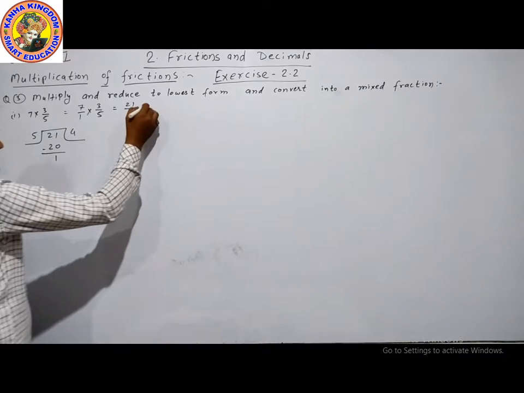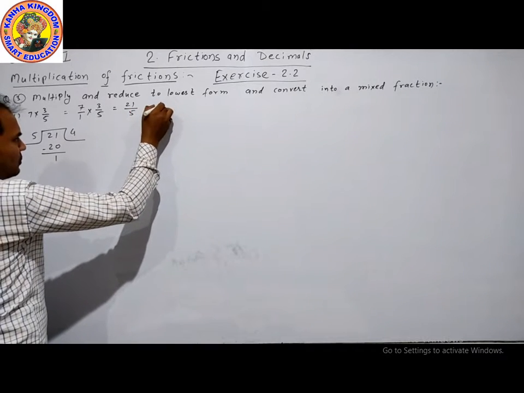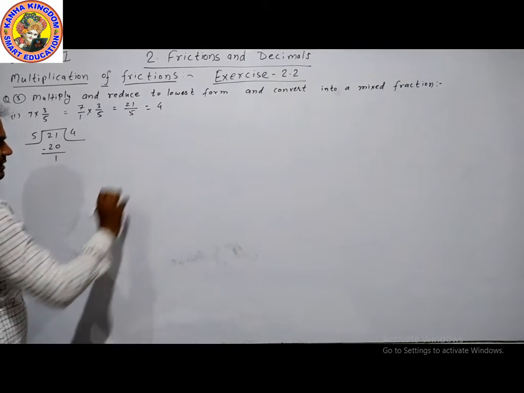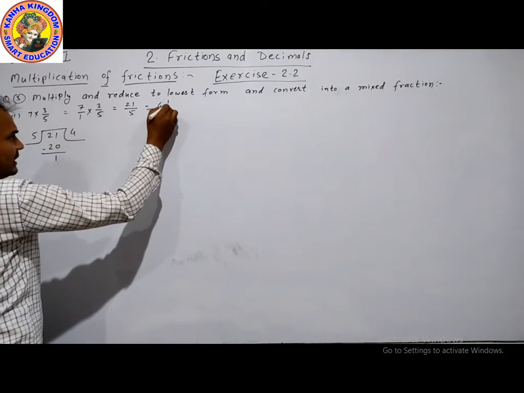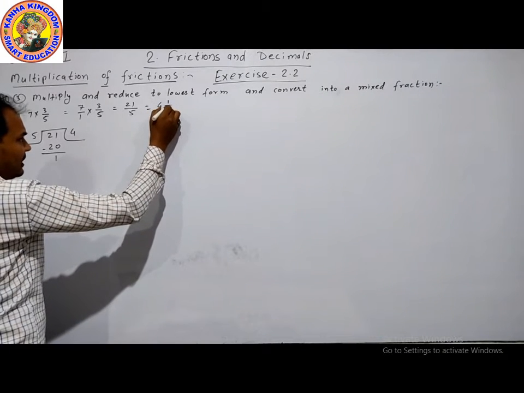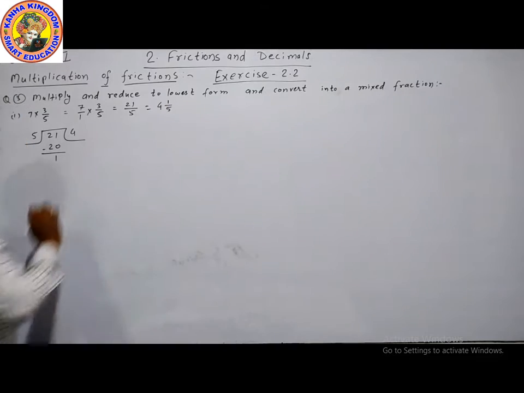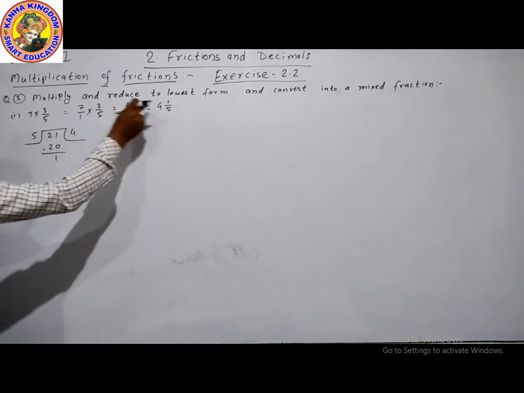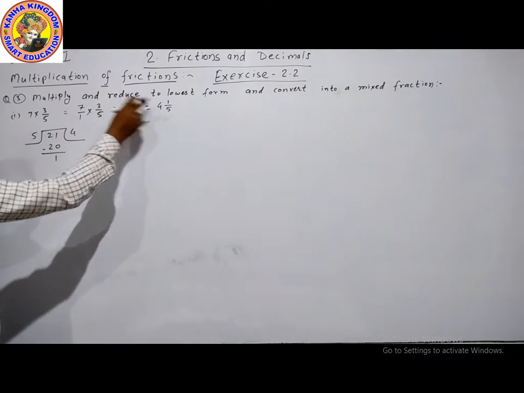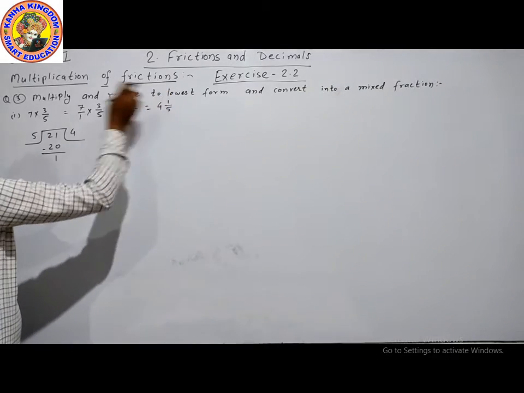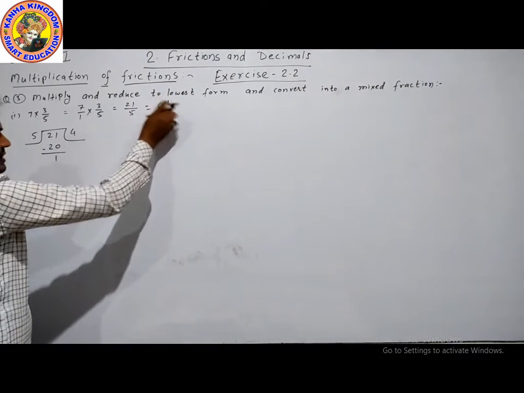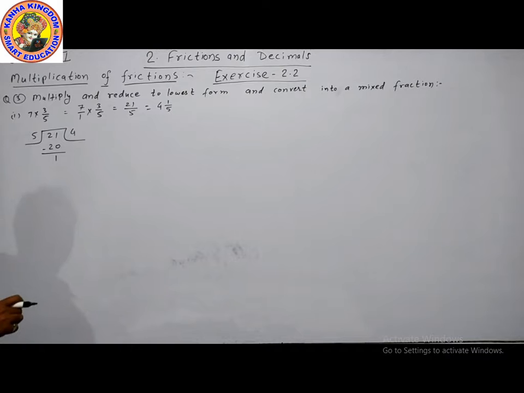The answer is 4 complete division, 1 is remainder, 5 is our divisor. So this is our mixed fraction number.